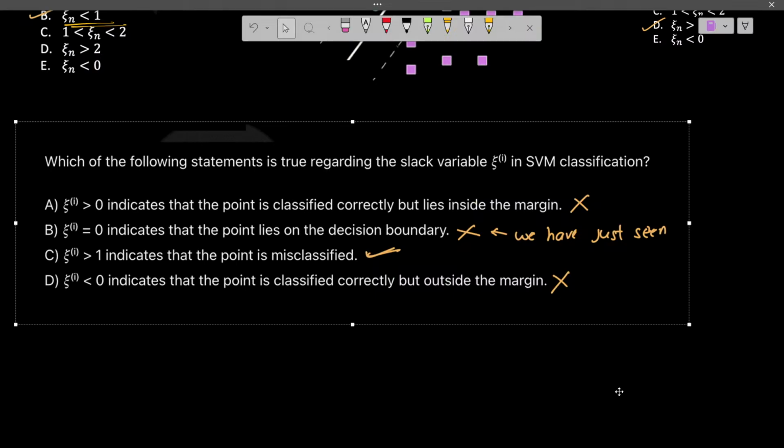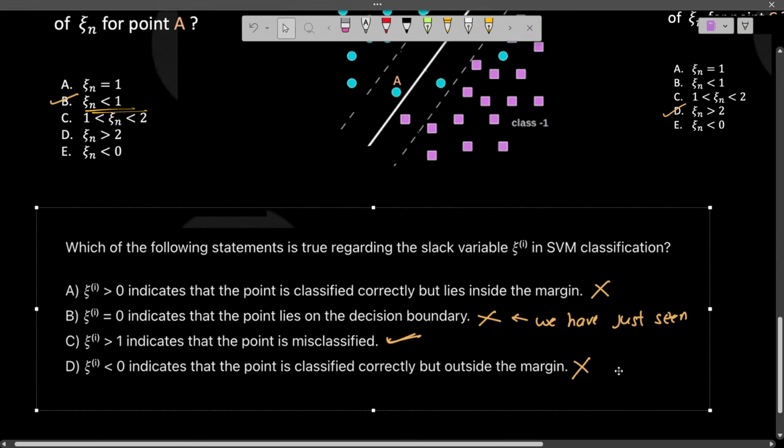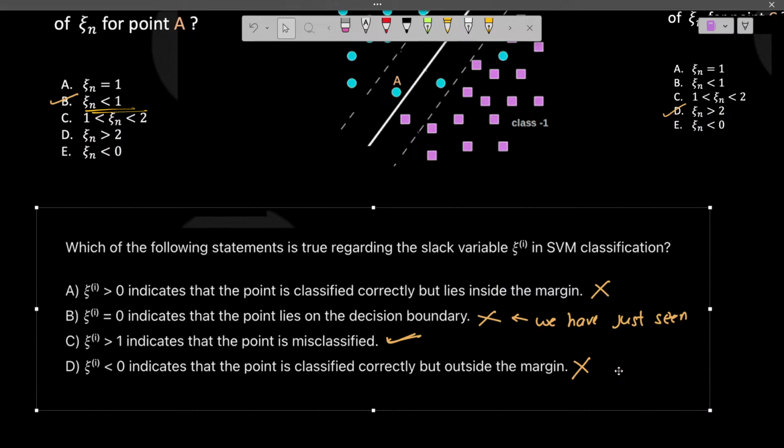Okay, first option is xi greater than 0 indicates the point is classified correctly but lies inside the margin. That's exactly false. We just have seen that in the question. Whenever xi is greater than 0, that means the point is not classified correctly.